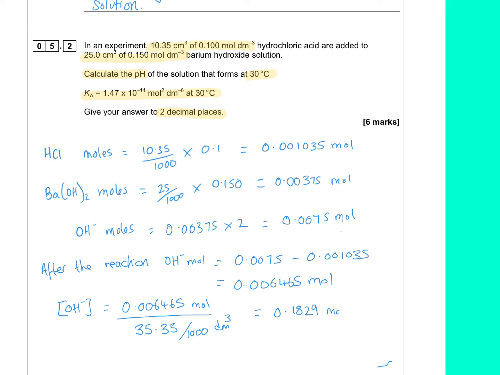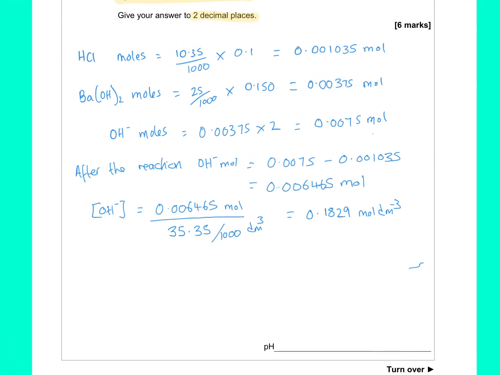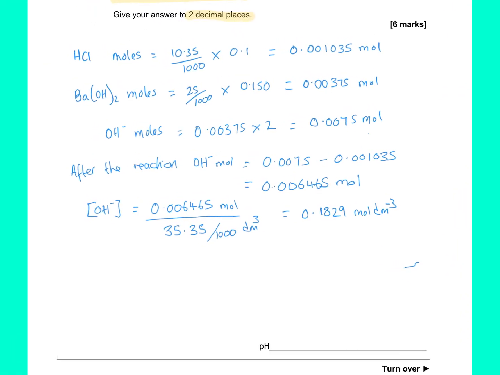So if I move it up so I get a little bit more space, once we've got the concentration of the hydroxide ions, we know what Kw is at 30 degrees C. So we can rearrange it to get the hydrogen ion concentration. So H plus is going to be equal to Kw over the hydroxide ion concentration.